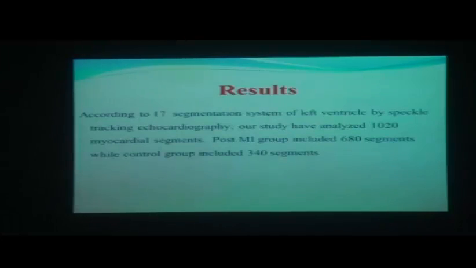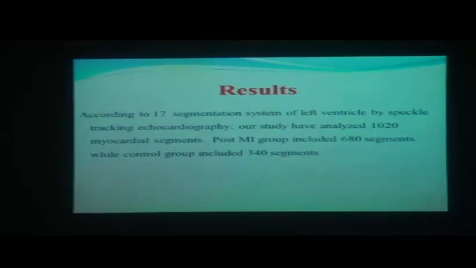Regional strain value of each myocardial segment obtained by speckle tracking study in post-myocardial infarction patients was compared to the qualitative data of the corresponding segment obtained from SPECT. According to the 17-segment system of the left ventricle by speckle tracking, our study analyzed 1,020 myocardial segments.